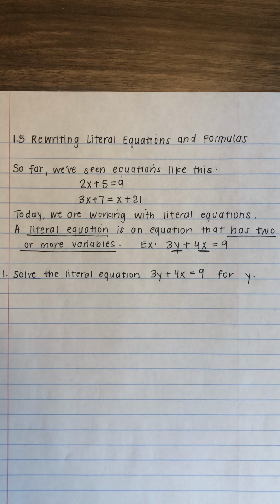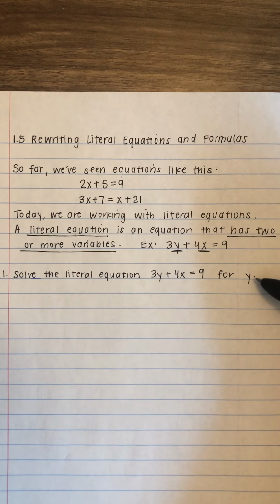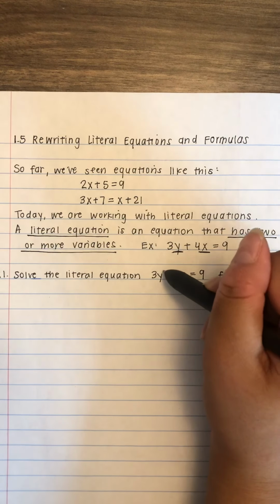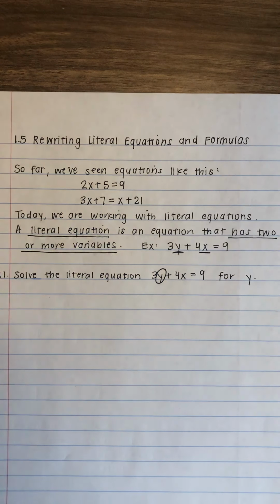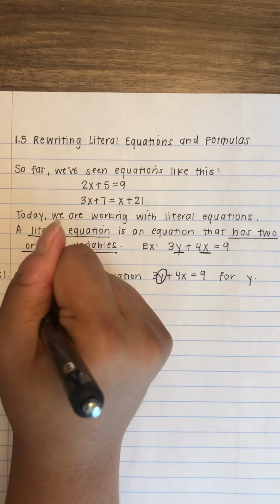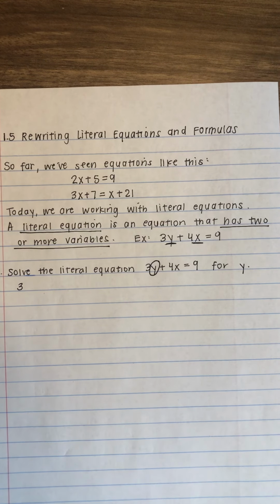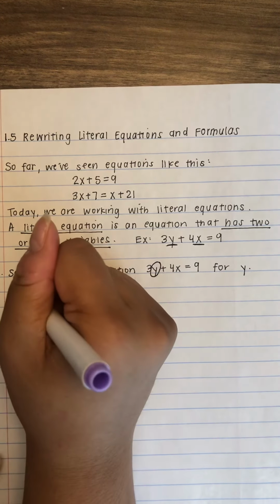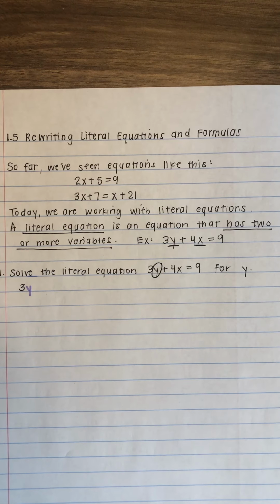Now what you guys can do when we're practicing this is when we know what variable we're solving for, you can make a habit of circling that variable so that you remember what variable you're solving for. What I'm going to do to keep track of it is I'm going to rewrite this equation, but I'm going to go ahead and write the variable I want to solve for in a different color.